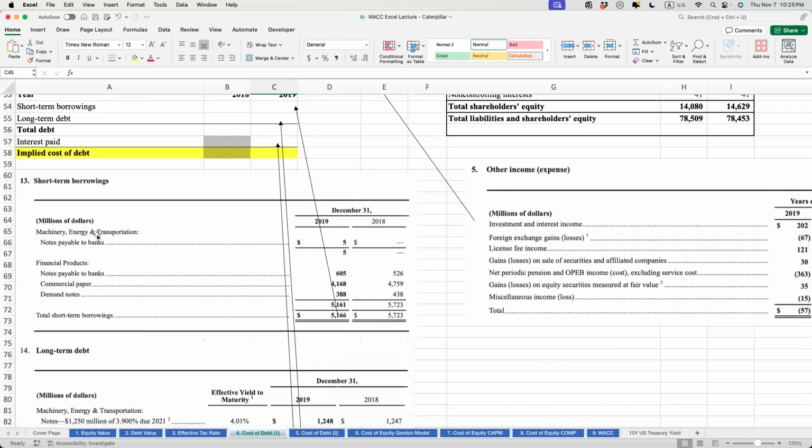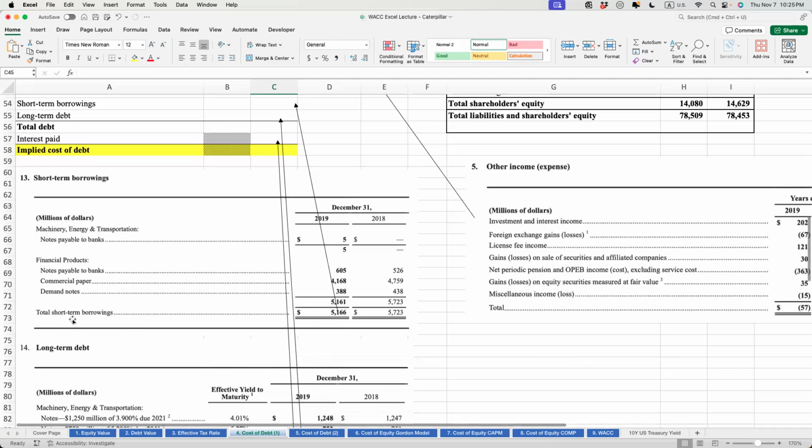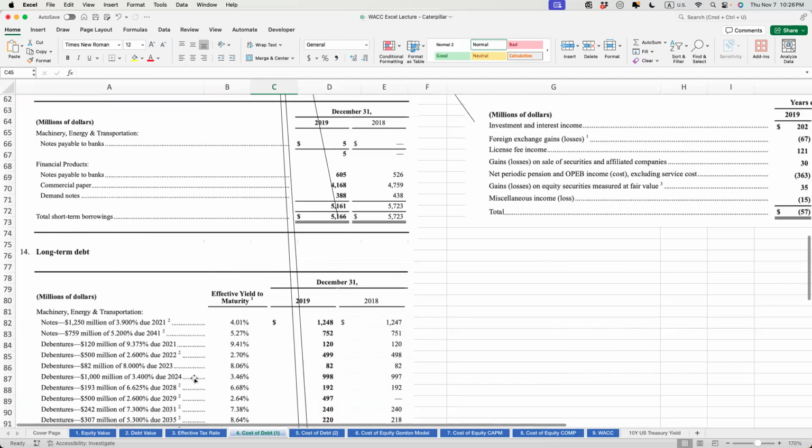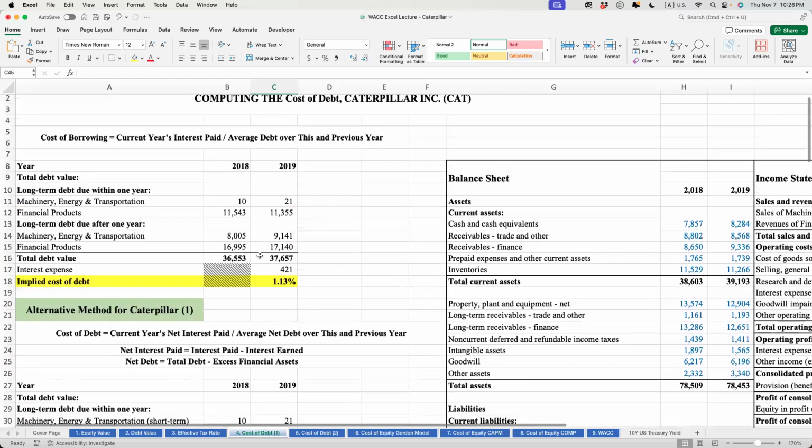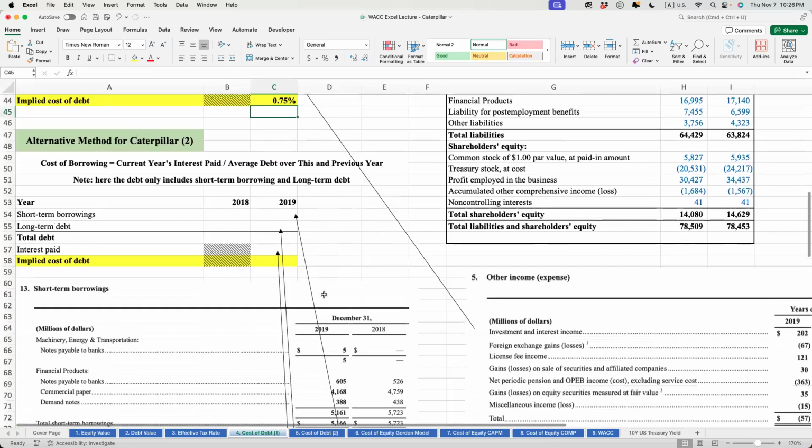So like the notes I gave you here, they provide short-term borrowing and long-term borrowing from their 10-K. So if you believe some of the debts that you included from the balance sheet are not all interest-bearing debt, then you can use the information from here.